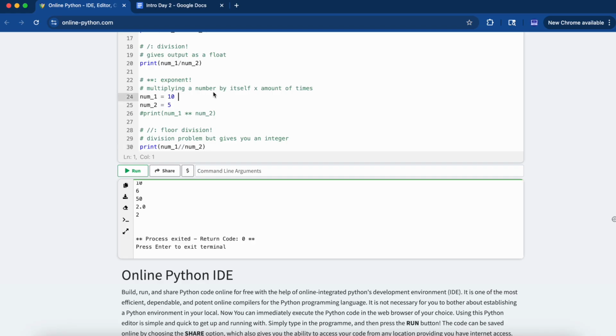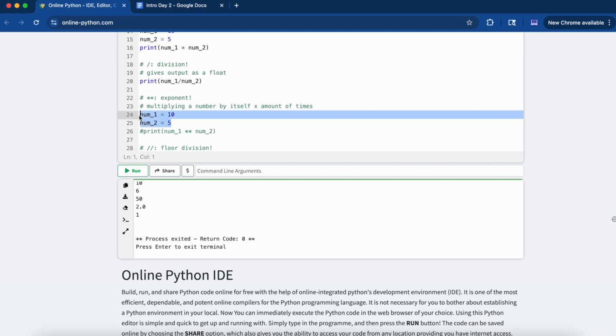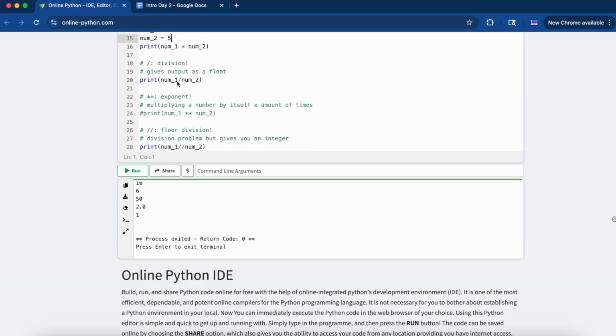Well, the reason for that is that even if you have a really, really big decimal, so let's say you did a floor division problem that got you like 9 divided by 5. That's 1.8, and most humans would round 1.8 up to 2, right? Well, floor division actually just chops off the decimal.